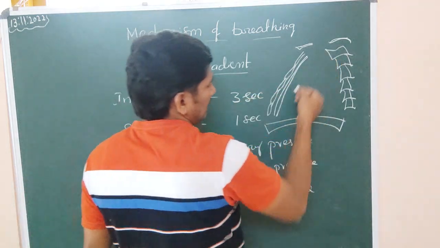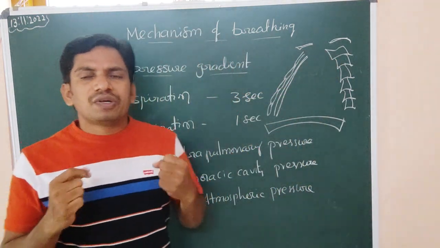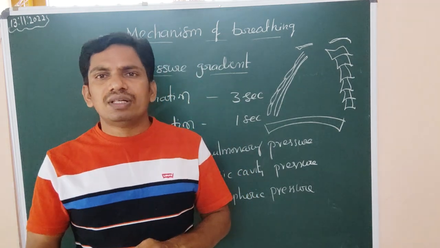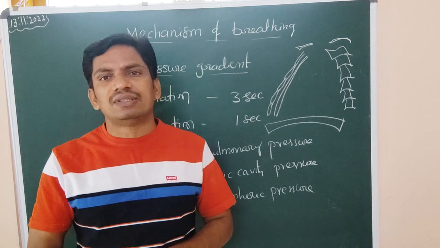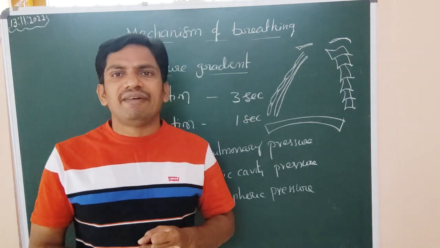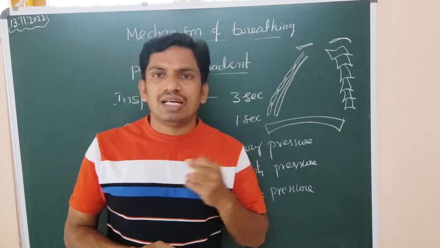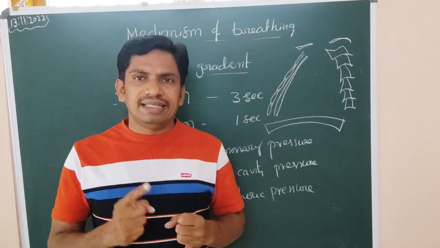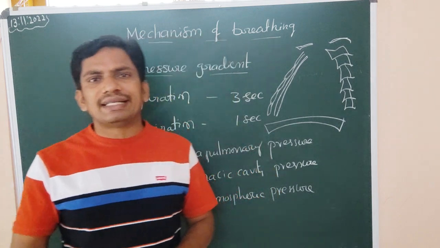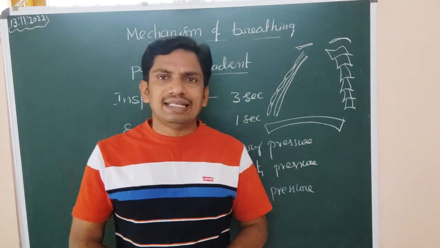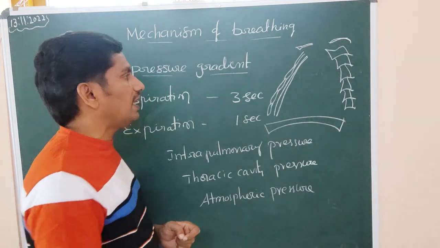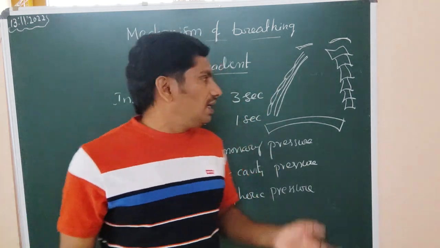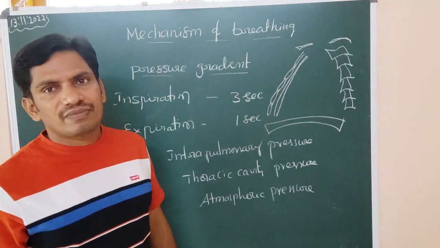Generally for breathing, the diaphragm and the ribs are involved, and between the ribs there are muscles named the external intercostal muscles and internal intercostal muscles. These also are involved in inspiration and expiration. Got it?